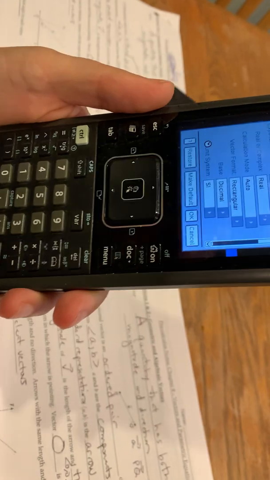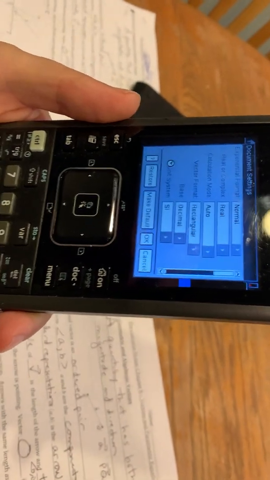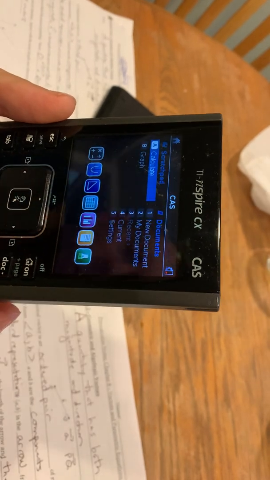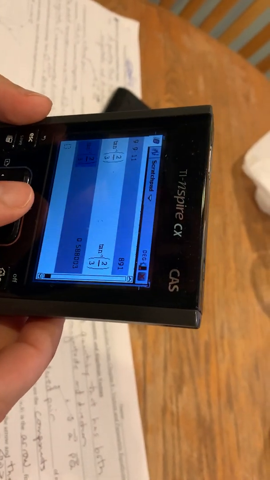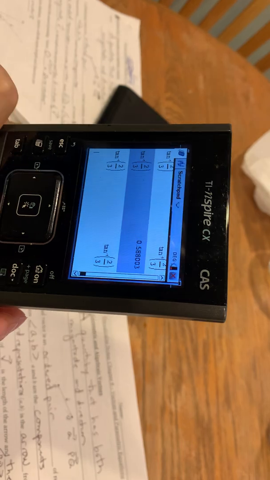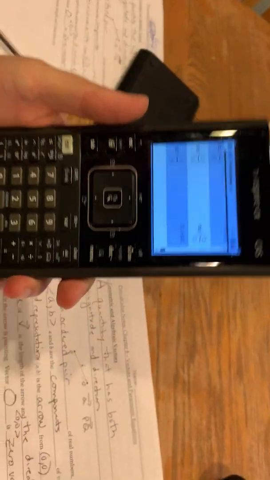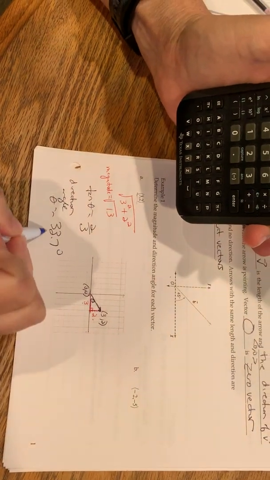So anyways, we'll try this again. Let's try it again. Inverse tan of 2/3. 33.69. So it's about 33.7 degrees.